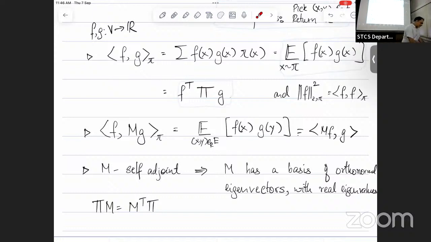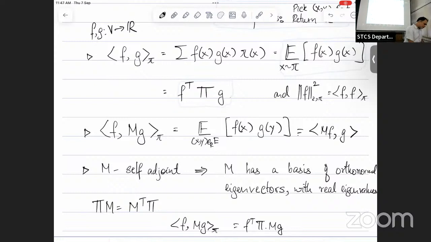As a matrix definition, this is what self-adjointness means: pi M equals M transpose pi. This is something I always keep forgetting. The way I remember is I try to write f times Mg with respect to pi. This is f transpose, I stick a pi in the middle, and then put the second vector, Mg.